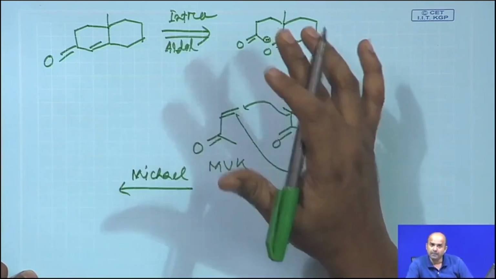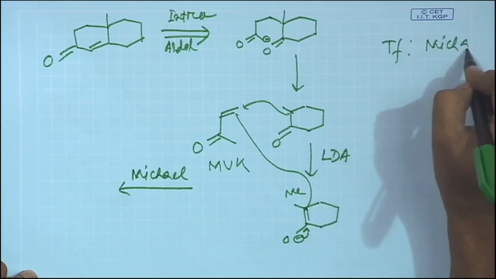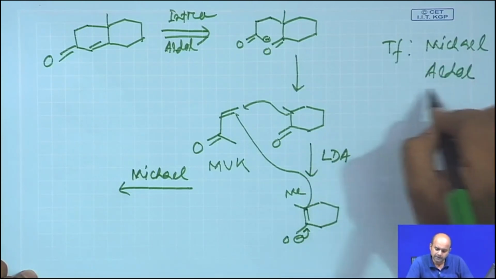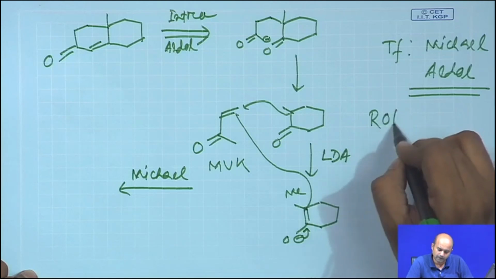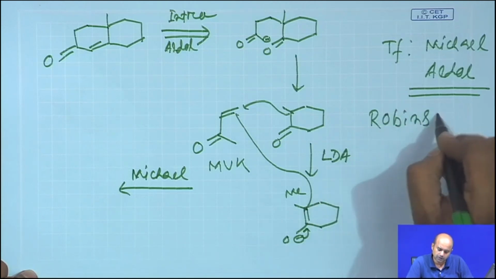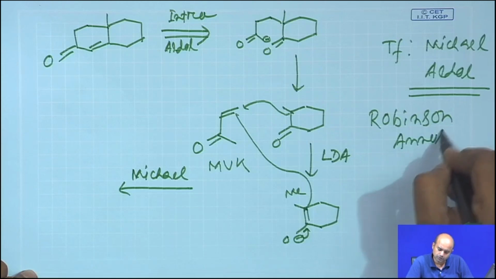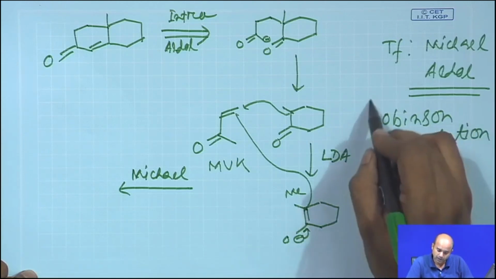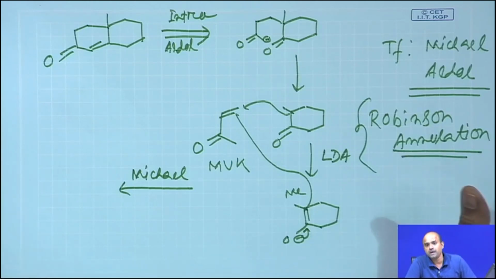The main highlight of the synthesis is this transformation. We used a Michael reaction followed by an aldol reaction, and this entire reaction sequence is named Robinson annulation. Sir Robinson made a significant contribution in the field of organic synthesis, and annulation means ring-forming reaction.